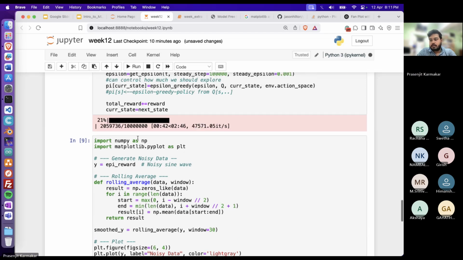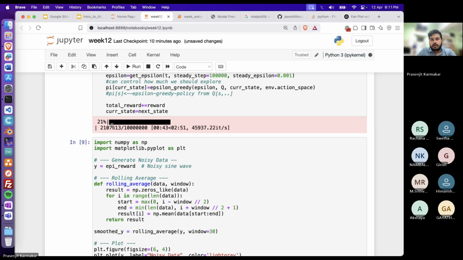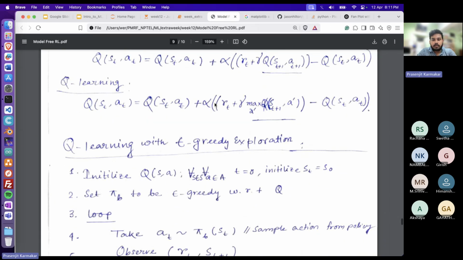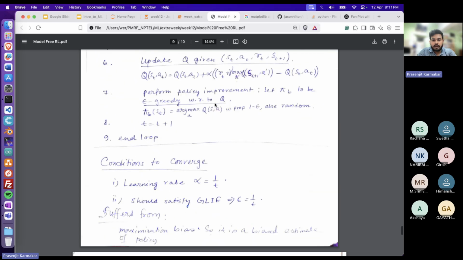Until it's finished, let's check the other algorithms too, just for a teaser.